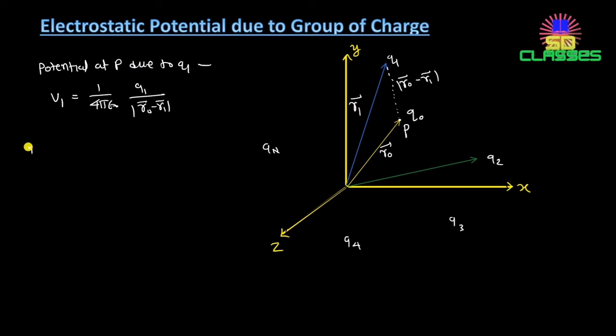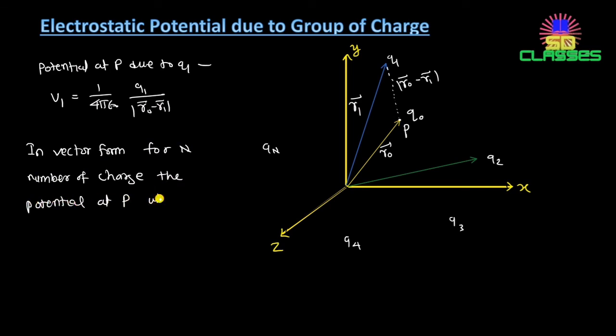So in vector form, for n number of charges, the potential at P will be V equal to 1 by 4 pi epsilon naught summation over i from 1 to n, the source charge qi divided by the distance between them, magnitude of r0 vector minus ri vector.